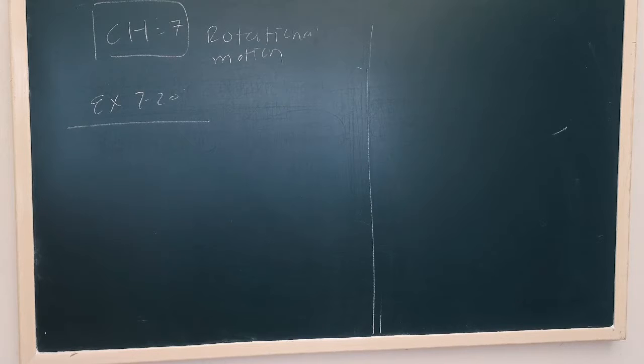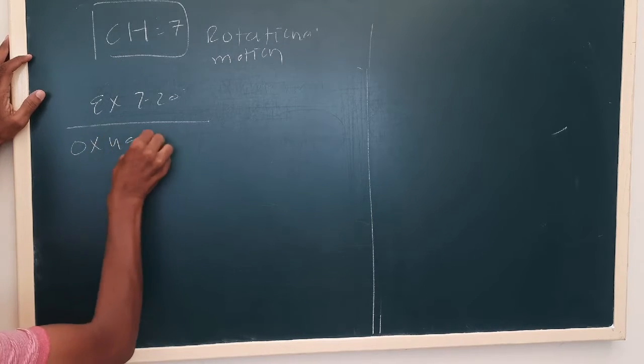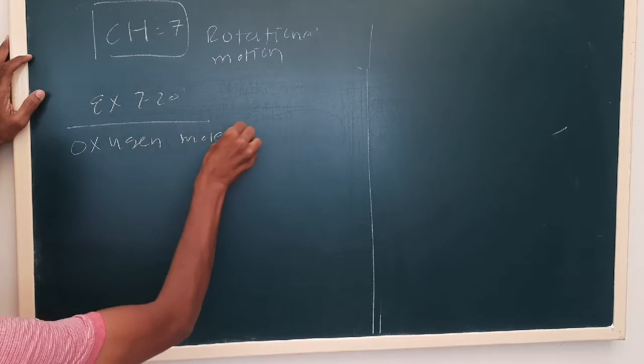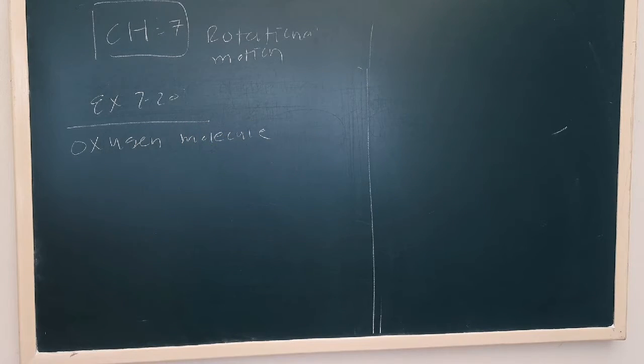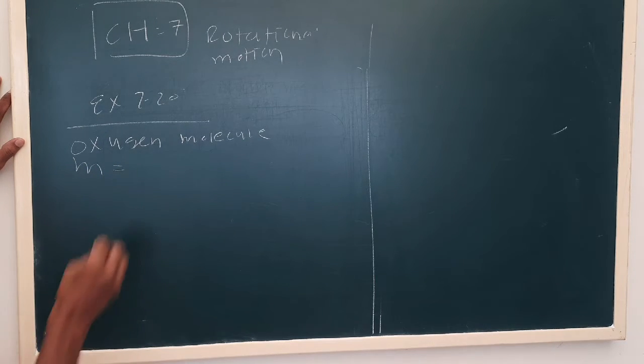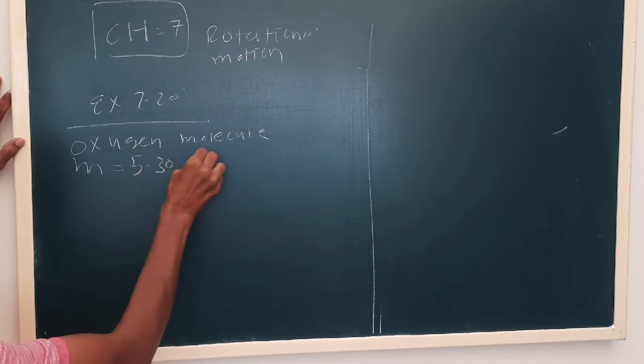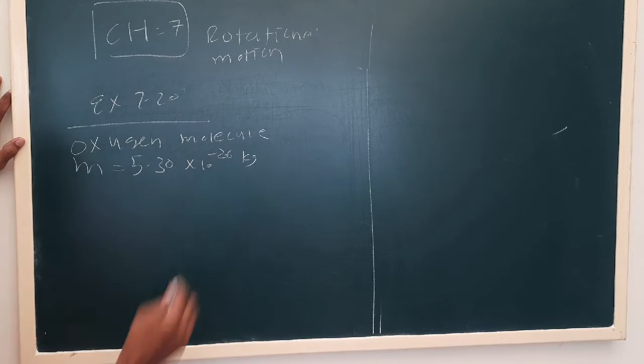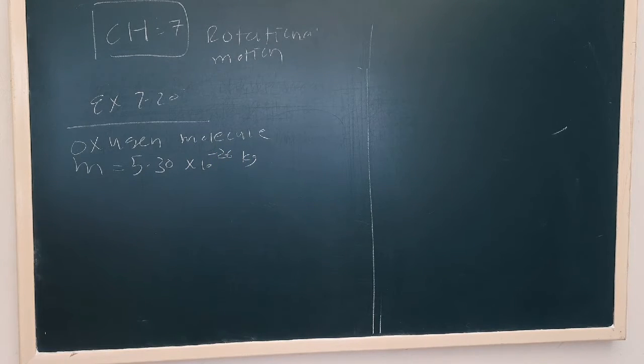Okay. Now see, for the oxygen molecule, the mass is 5.30 (times 10 to the power minus 26 kg). See, the moment of inertia. Now see, oxygen molecule.